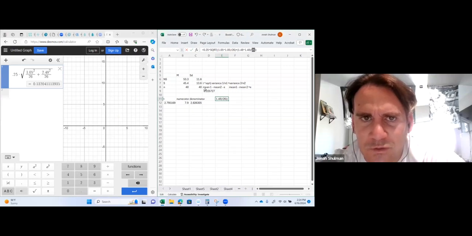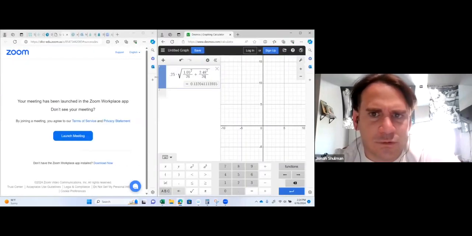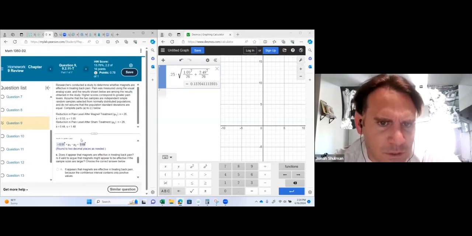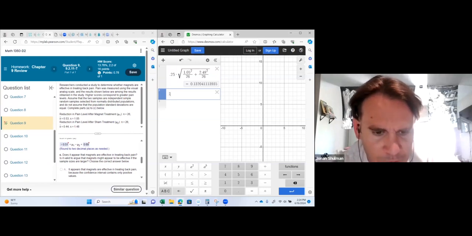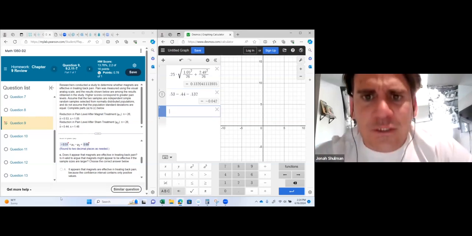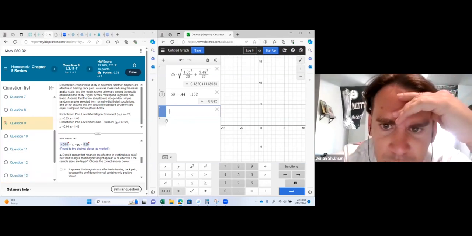We have to subtract the two means. We should get the right answer. So our means were 0.53 minus 0.44 minus 0.132. No, I still didn't get the right answer. I got a negative 0.042.